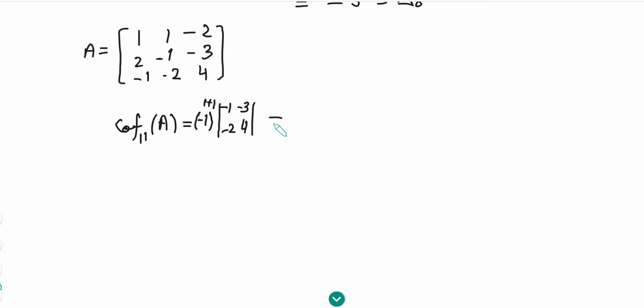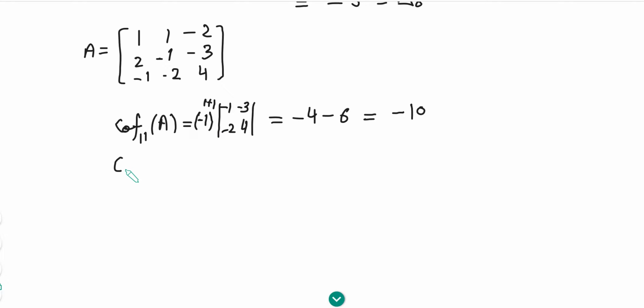So negative 1 to the power 2 is positive 1. So 4 times negative 1 is negative 4. Negative 3 times negative 2 is positive 6, but by the formula it should be negative 6 here. So this is equal to negative 10. It is our first cofactor.